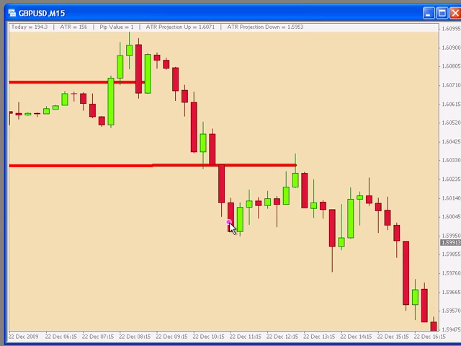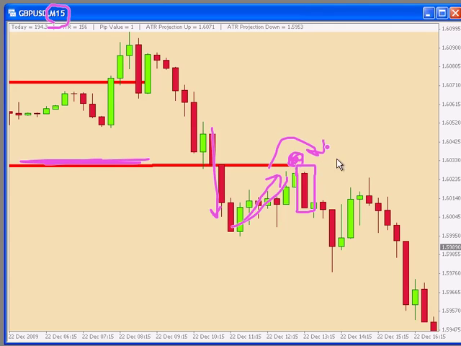We wait for the pullback. Once price touches or retests that breakout point, we wait for the pullback to be completed, and we wait for the first candle in the direction of the original breakout. Since the original breakout took place to the downside, the retracement obviously is to the upside, and then we wait for the first bar on the trigger chart that begins driving or moving price after the bounce in the direction of the original breakout.